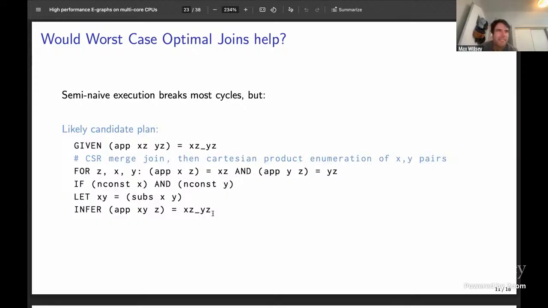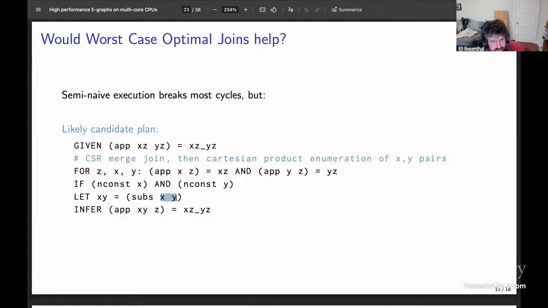Eli, do you have any thoughts on that one? Eli's the worst case optimal join person now. Yeah, I think taking a step back, I'm trying to make sure I understand. Is this even cyclic? Yes, it is. It is XZ, YZ, and an XY down here. Oh, okay, that's what I was missing.